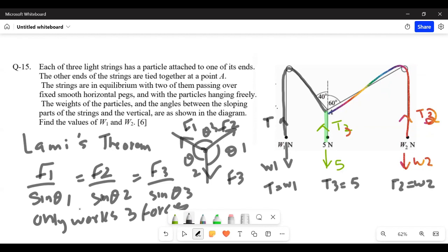ठीक है. अच्छा, फाइंड द वैल्यू. एंगल्स गिवन है हमें 40 और 60 और कहा हुआ है फाइंड द वैल्यू ऑफ W1 एंड W2. लेमीज थ्योरम यूज करेंगे. अच्छा जी, अब जो ब्लैक स्ट्रिंग है उसमें टेंशन थ्रूआउट सेम रहेगी. So if the tension is equal to W1, it's going to stay the same throughout the string. So अगर मैं इस रेफरेंस से देख रही हूँ इस पॉइंट के, so then I can point T outwards, T1.